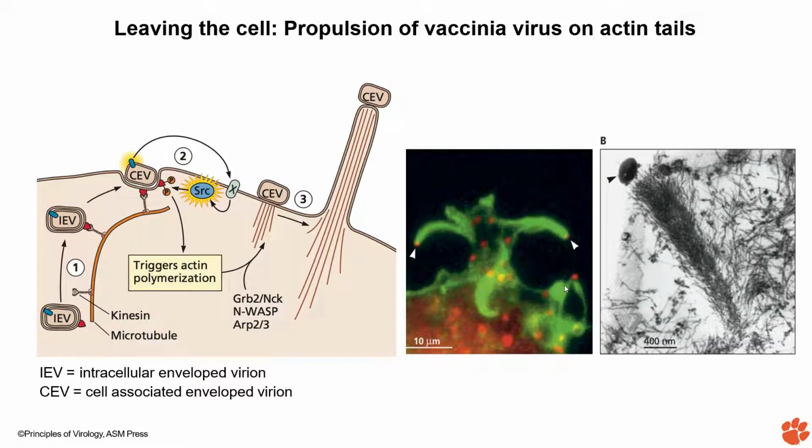All right, so on the left-hand side, the red part is the cell, and this elongated part is an extension of the cell, and the red dots are the viral particles. We call this a filopodia, F-I-L-O-podia. On the right-hand side, you can see a structure with an actin tail, and on top of that you have a vaccinia virus.